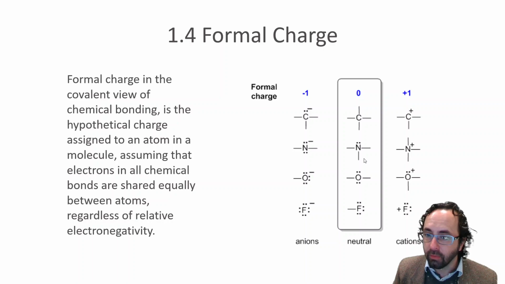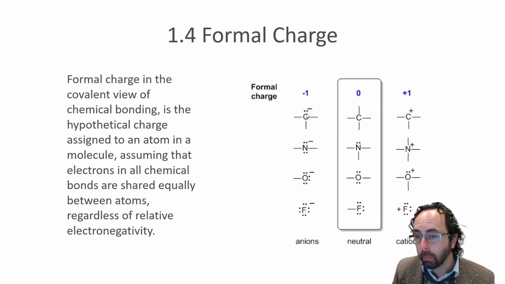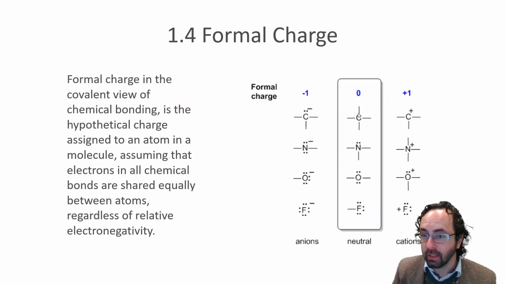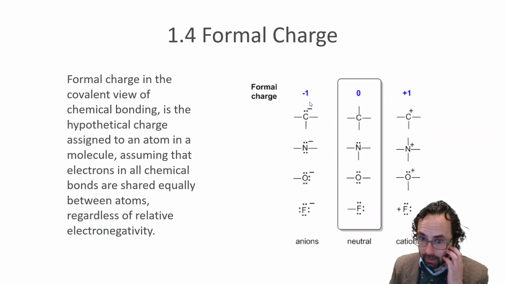If this differs, on the left side here, we see atoms in which we have 1 less bond and 1 more lone pair. So this carbon has 3 bonds instead of 4, and it has a lone pair, which it didn't have. That indicates an additional electron, a -1 formal charge. Likewise, relative to the 0 formal charge nitrogen, this has 2 bonds and 1 lone pair, so this is a -1 formal charge nitrogen.